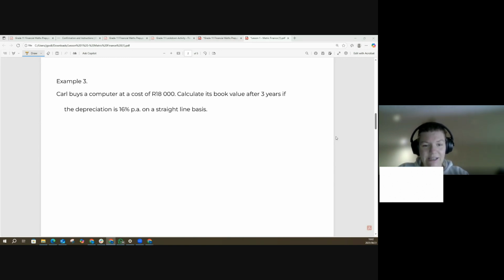Another easy 2-mark question. Would we be happy with that if we got that?